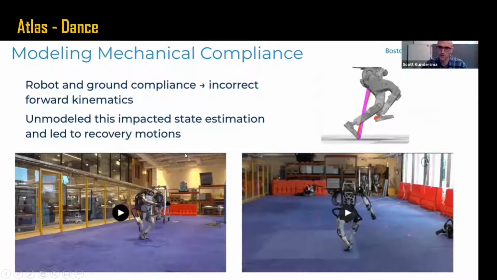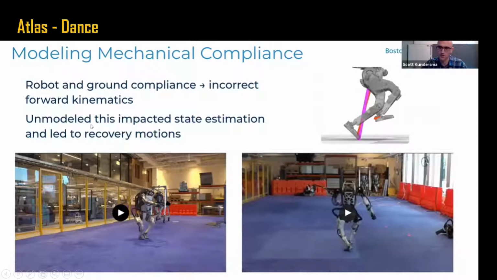One of the main parts is modeling mechanical compliance. You can imagine dance movement is pretty complicated, right? It requires the robot to touch the ground and then perform rotations of feet and apply forces at different angles and of different magnitudes and so on. So robot and ground compliance is very important in this case.